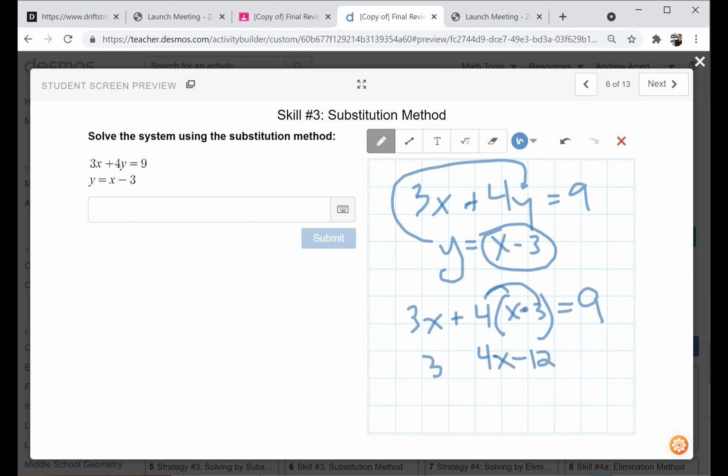Bring that 3x down. Bring the 9 down. Here we go. And that's the beginning of it. You are now remembering how to do substitution.